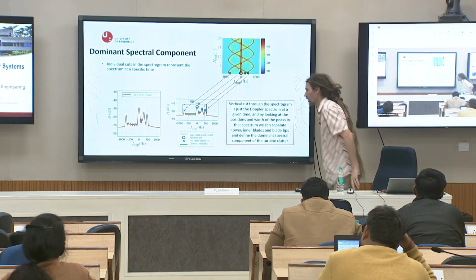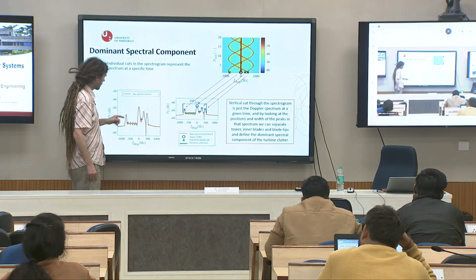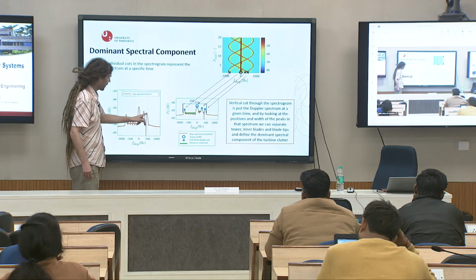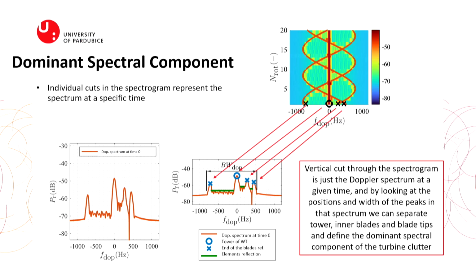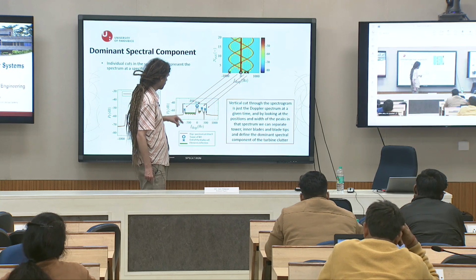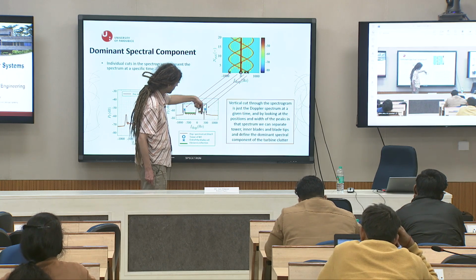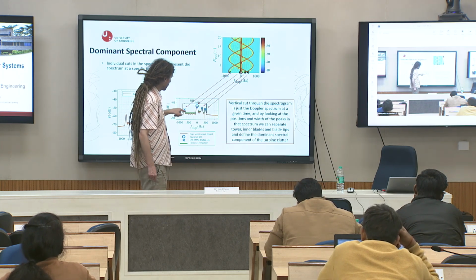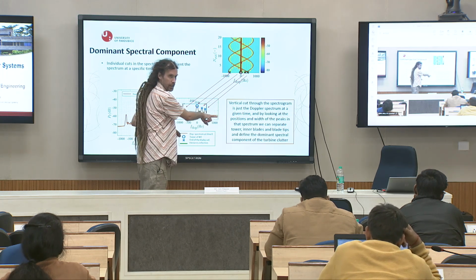This is the same I want to show you. It is like the Doppler spectrum at time 0, and you get the tower, first blade, second blade, third blade. You can see the position of this reflection depends on mutual angles, as I already explained. If I mitigate this place, this place, this place, the rest is at a similar level to the noise spectrum.